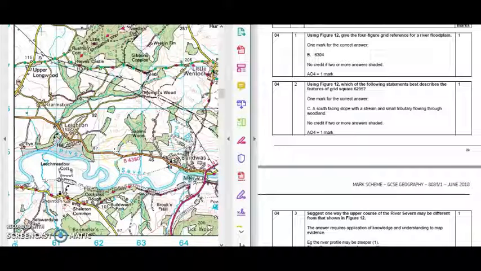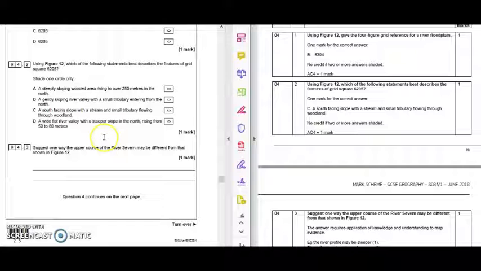These are called contour lines. And you can see they're really close together here. It's really steep at the top, and then it slopes down from 100 meters to 50 meters, and that's going southwards. We've also got a stream, as we can see here, going through some woods, and then we've also got a tributary that joins the stream here. So the answer for 4.2 is C.